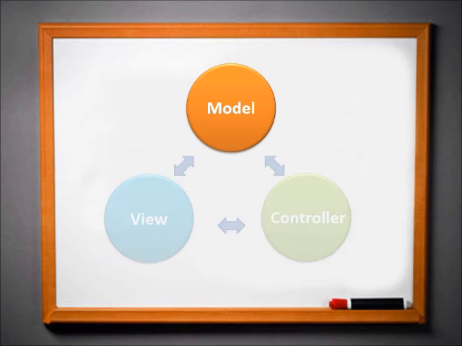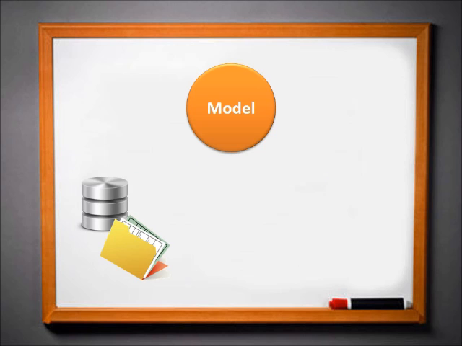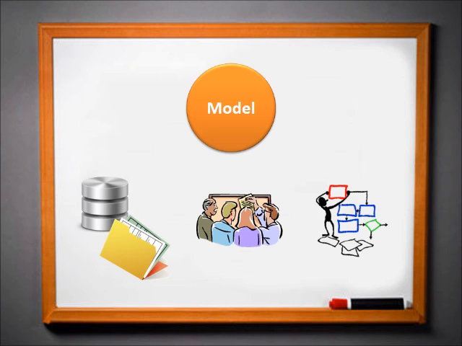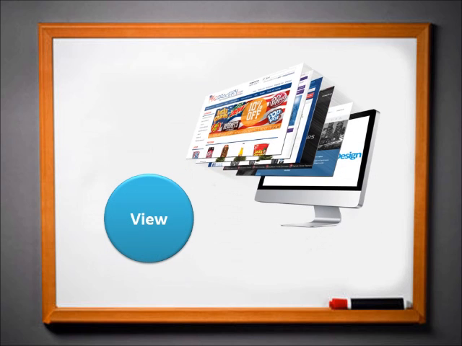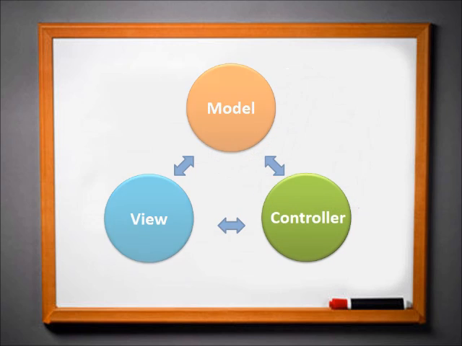The central component, the model, consists of application data, business rules, logic, and function. A view can be any output representation of information. The third part, the controller, accepts input and converts it to commands for the model or view.